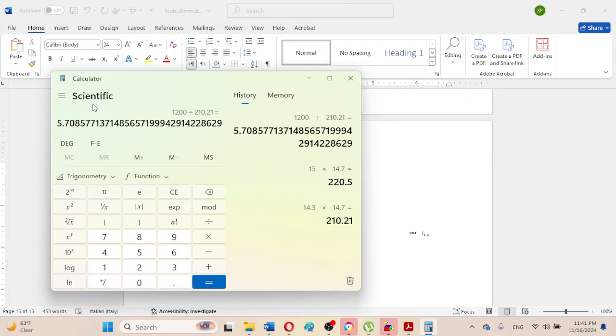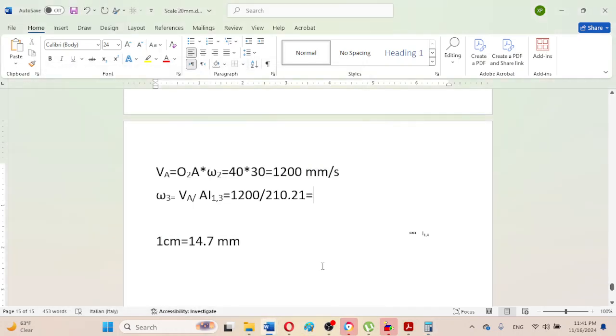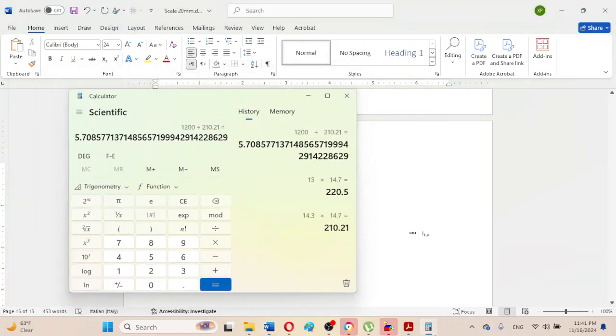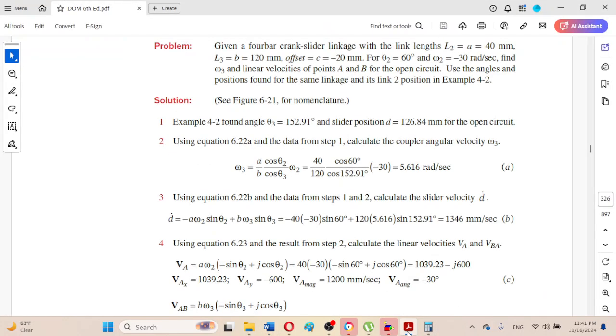So this comes out to be 5.7085, so that means the angular velocity is 5.7085 radian per second.